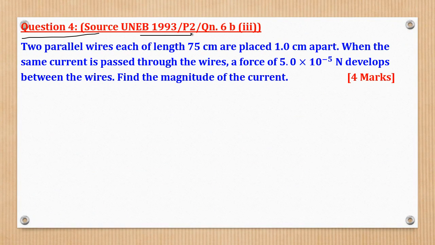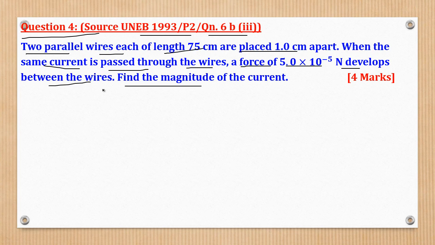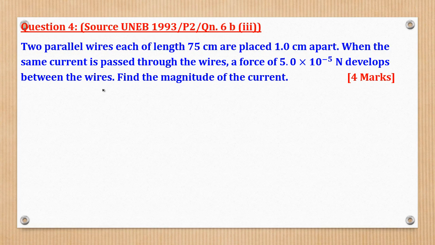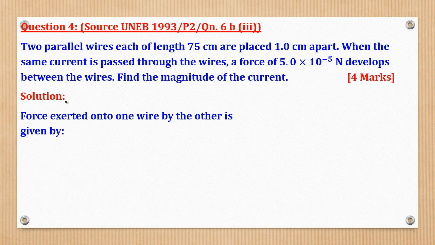Question 4 came from UNEB 1993, paper 2, question 6b, Roman 3, and says, two parallel wires, each of length 75 centimeters, are placed 1 centimeter apart. When the same current is passed through the wires, a force of this develops between the wires. Find the magnitude of the current. So the force exerted on one wire by the other is given by BIL.